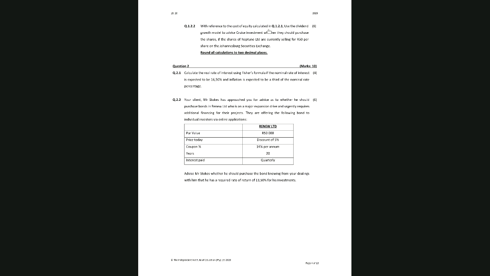Then using that information, you are going to calculate the minimum price that you should pay for Neptune Limited, and compare that answer to the 50 Rand that the market is currently charging for one share of this company.